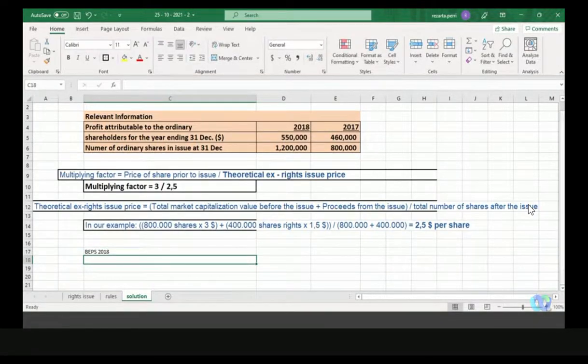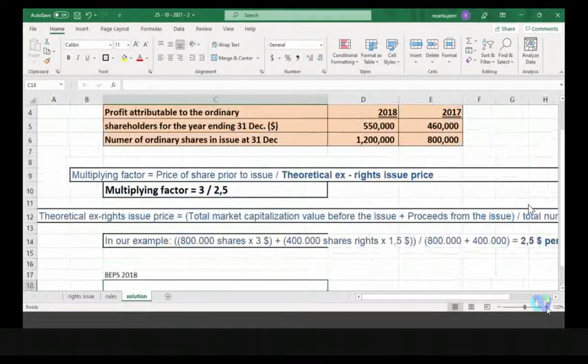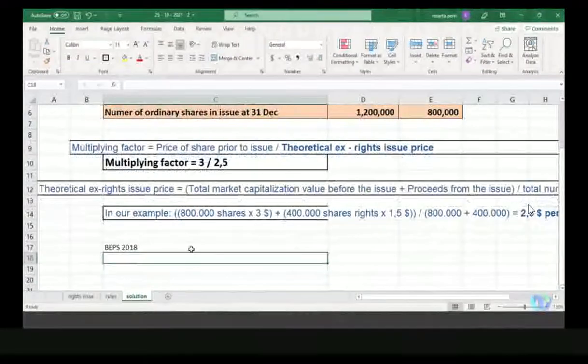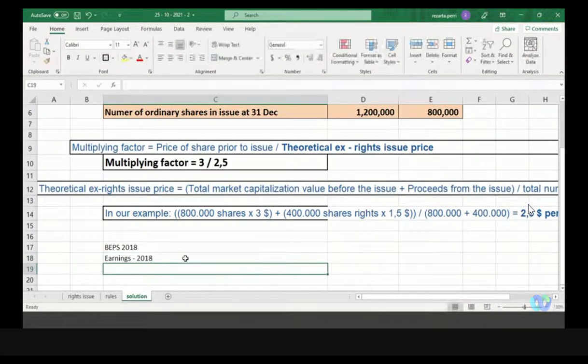In order to calculate it, we will need two pieces of information. The first is the earnings in 2018, and the second is the weighted average number of shares in 2018.